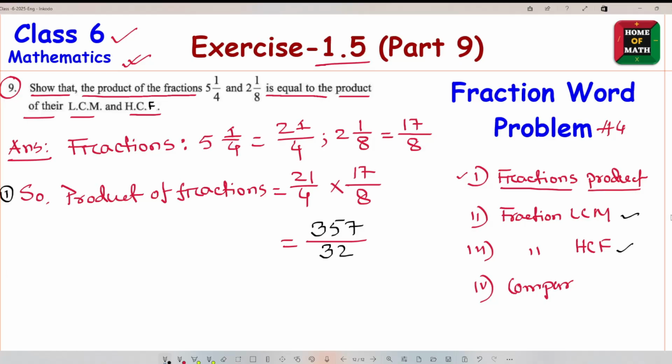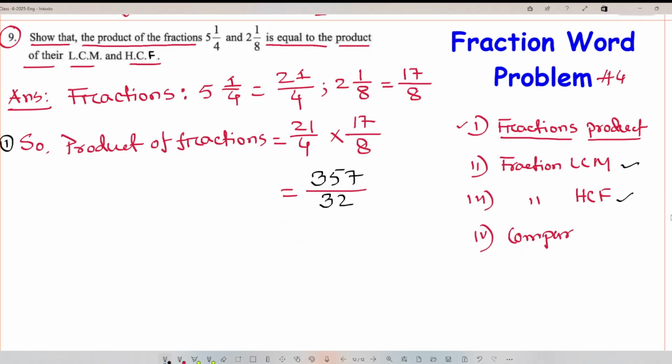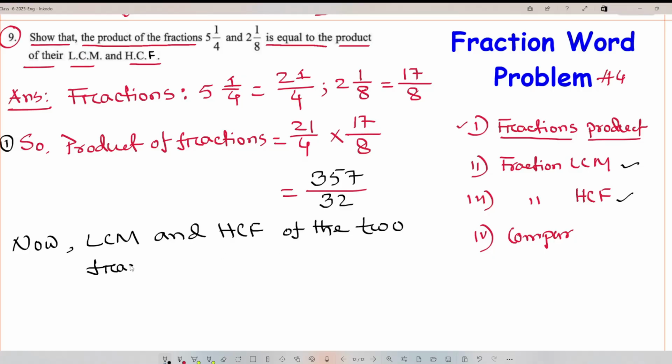Step 2, fraction LCM and HCF, the least common multiple and highest common factor of the two fractions.